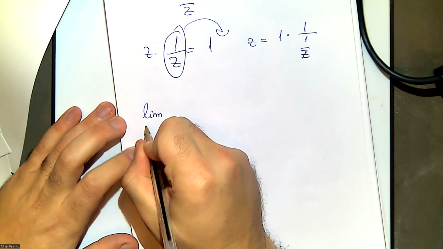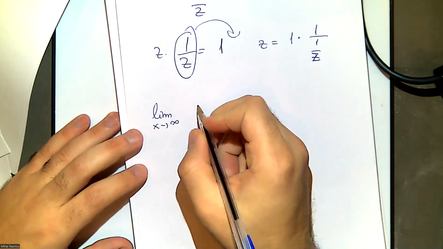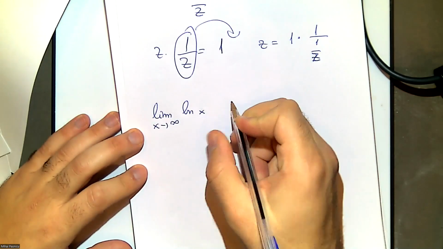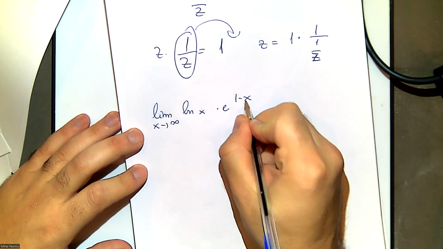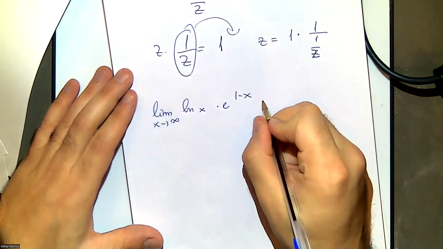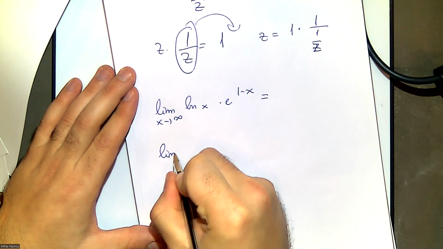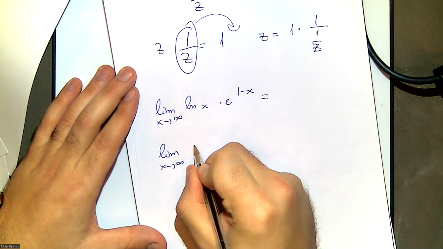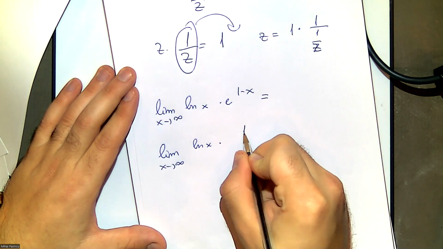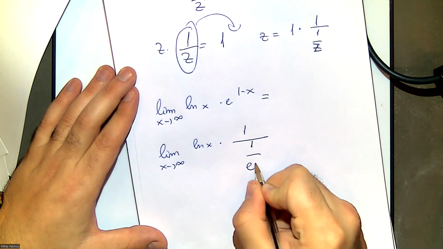So when I have this limit of x goes to infinity of ln of x times e to 1 minus x, I can just write it as the limit when x goes to infinity of ln of x times 1 over e to the 1 minus x.